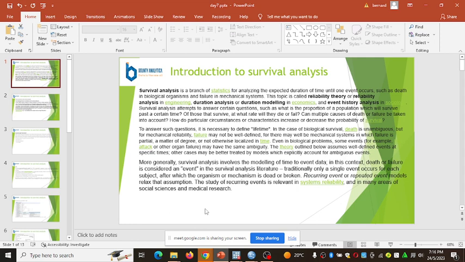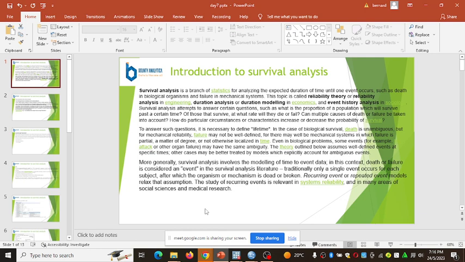Those are some of the questions that you have to consider when you are performing survival analysis. And another thing, how do particular circumstances or characteristics increase or decrease the probability of survival?